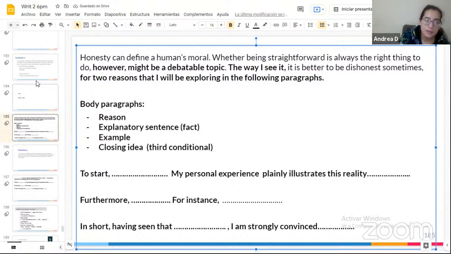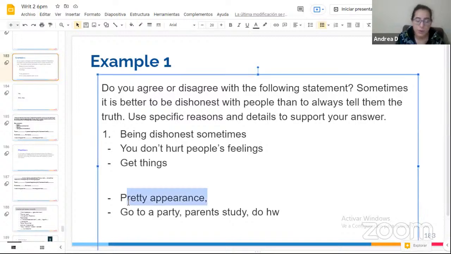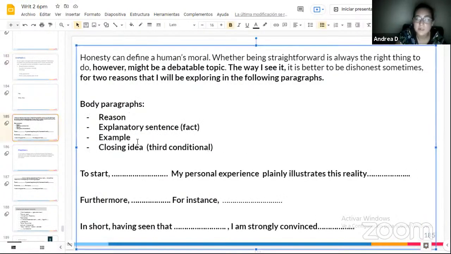If you're telling this story about how you lied to your friend, you can say something like, hadn't I lied to her that day, maybe she wouldn't have had such a good time and I would have hurt her feelings. So you can use that third conditional, which is good for grammar, in case your example is in the past.